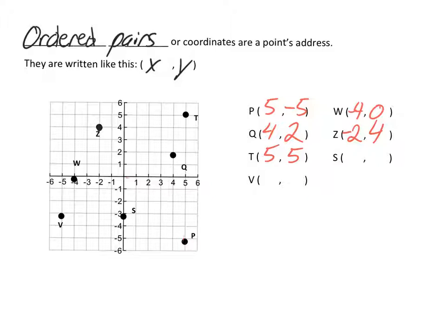S, we're not going anywhere left or right, so that means that's just going to stay at 0, and it's going to go down by 3, so -3. Last one, V, we're going to the left 5, so that means -5. We are going down by 3, so that is -3.